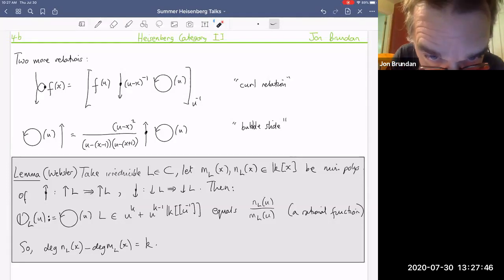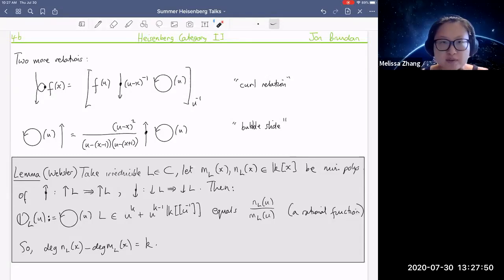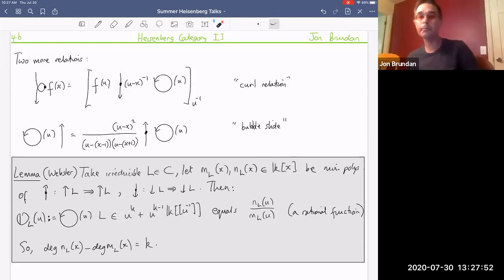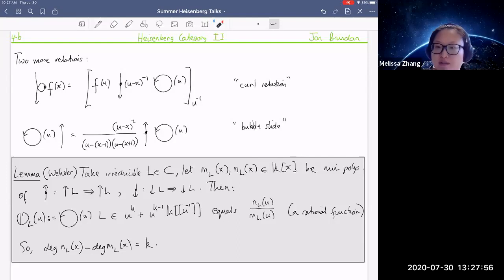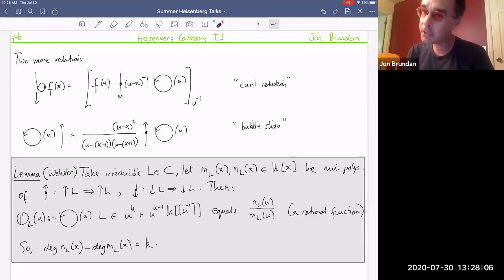I'm just looking at the questions. For the sake of the recording, I'm going to read out the question to you. Katerina asks, is there a good explanation for the asymmetry in the two curls? One has a relation and the other doesn't. I do understand the outcome, but would like to know how one would come to it. I don't think there's any asymmetry. I think maybe you're thinking of Michael's original Heisenberg category where he has asymmetry.